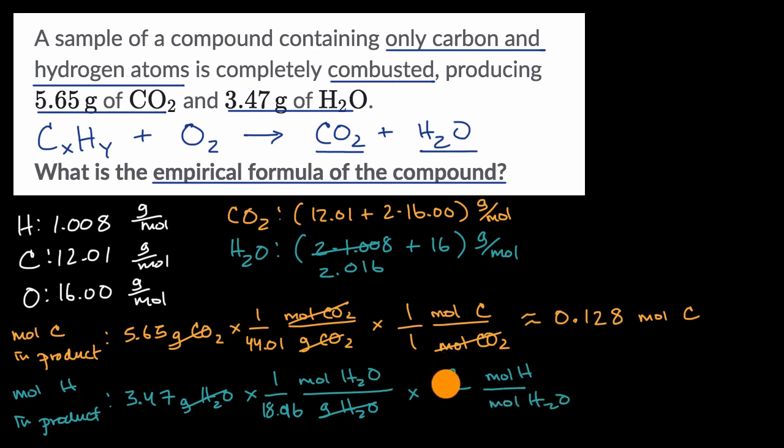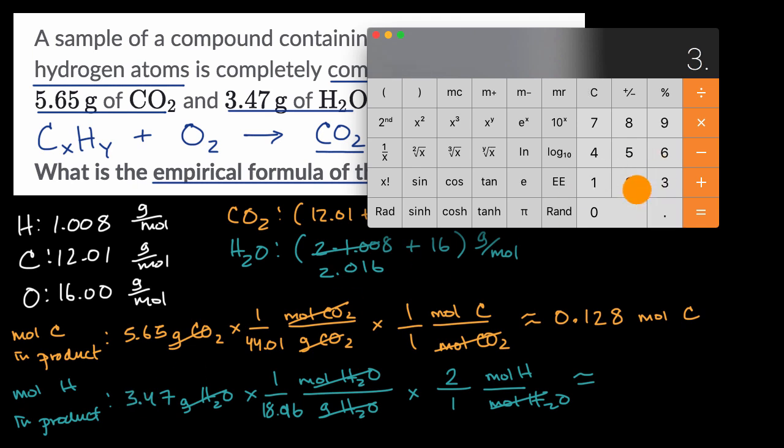Well, I'm going to have 2 moles of hydrogen for every mole of water, because in each water molecule, I have 2 hydrogens. And so that's going to cancel out with that, and we're just going to be left with moles of hydrogen. So this is going to be equal to, I'll take my 3.47 grams of water, divide it by how many grams a mole of water is, its mass, so divided by 18.016.